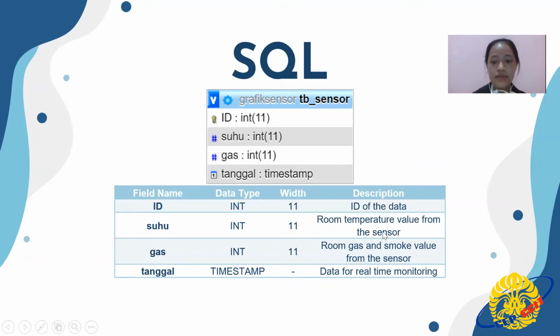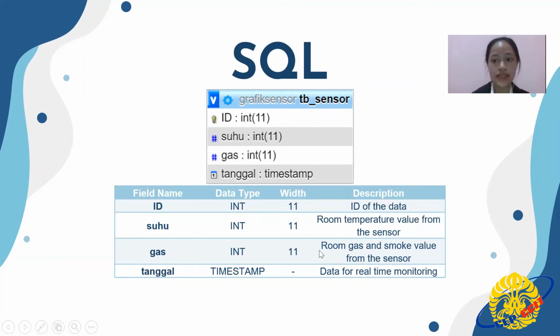And this is the data type that we use. For the ID we use integer, suhu or temperature we use integer, gas we also use integer, and for tanggal or date we use timestamp. So it will tell us the real time the data got into the database.